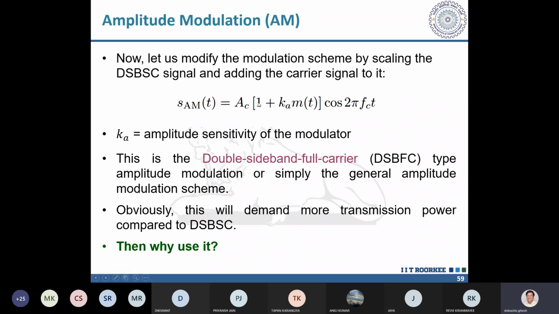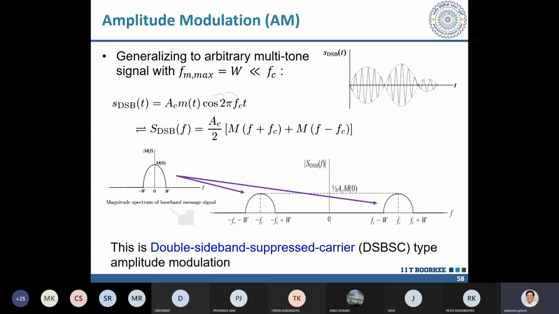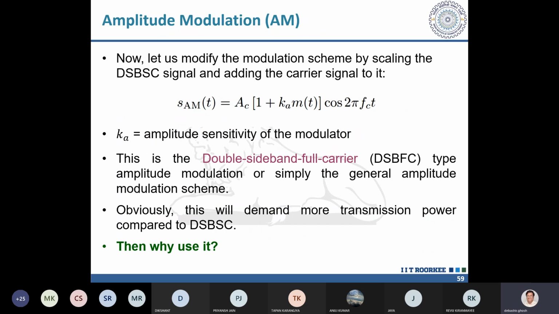And the other part is just adding Ac cos 2πfct, the carrier. So basically I am multiplying my double sideband suppressed carrier signal with some factor Ka, and then I add the carrier signal to it. So I get this.